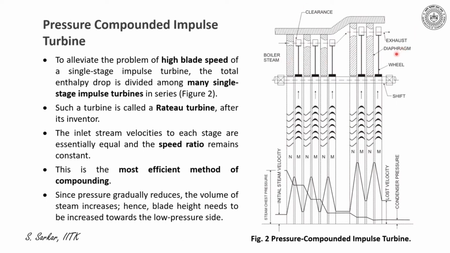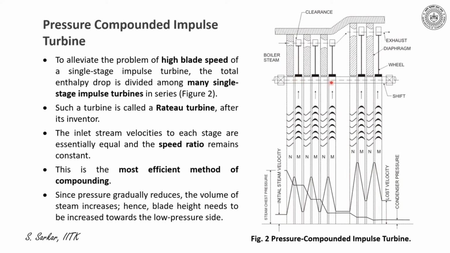Regarding construction, let me explain that this is called the diaphragm. The diaphragm holds the nozzle, which is followed by the rotor. The rotor is mounted on the disc, which is connected to the shaft.